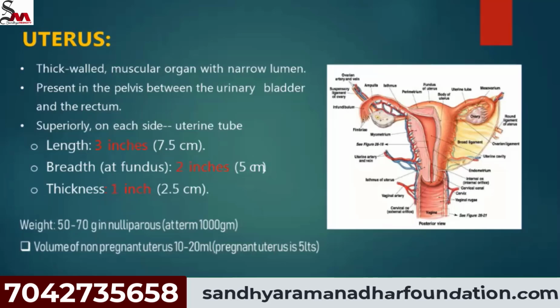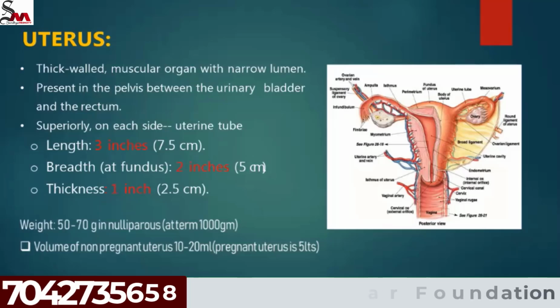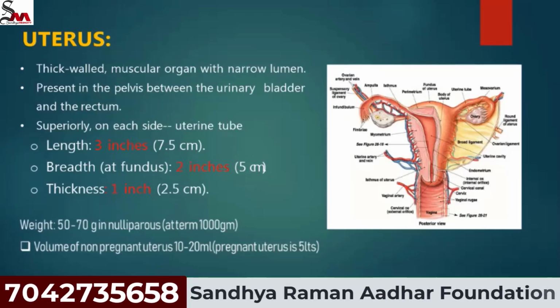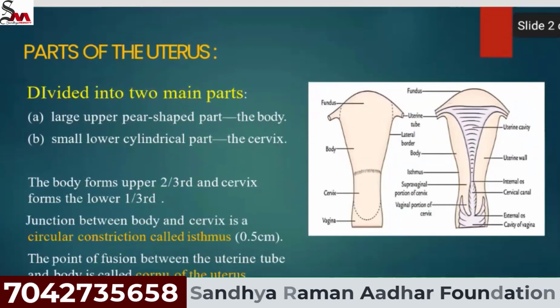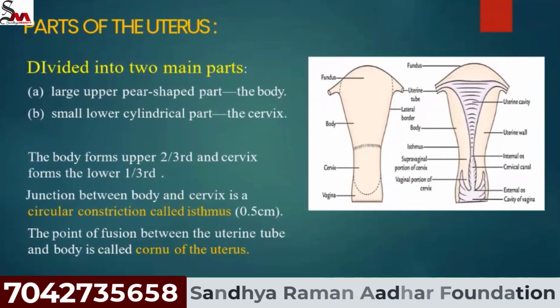So in nulliparous, the weight of the uterus is 50 to 70 grams, and at term, that of the pregnant lady, it's 1,000 grams. And the volume of the non-pregnant uterus is 10 to 20 ml. In pregnancy, it expands up to 5 liters. As I told you, the lumen broadens, so volume also increases.